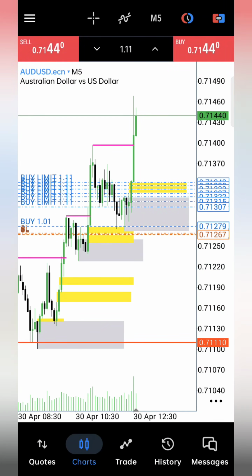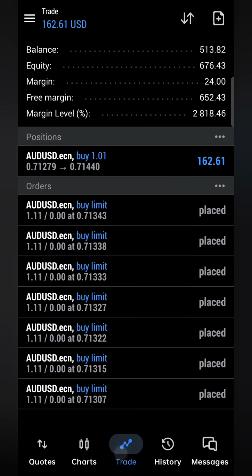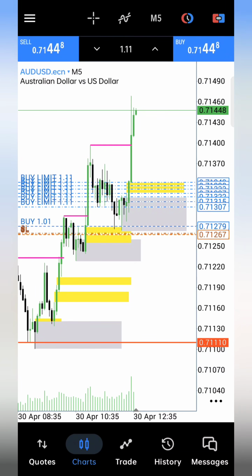And for the order that was already executed, I've moved the stop loss and placed it below the most recent order block zone. So at this point, all of my orders are set as pending. Now let's see whether the market price comes back to trigger them.